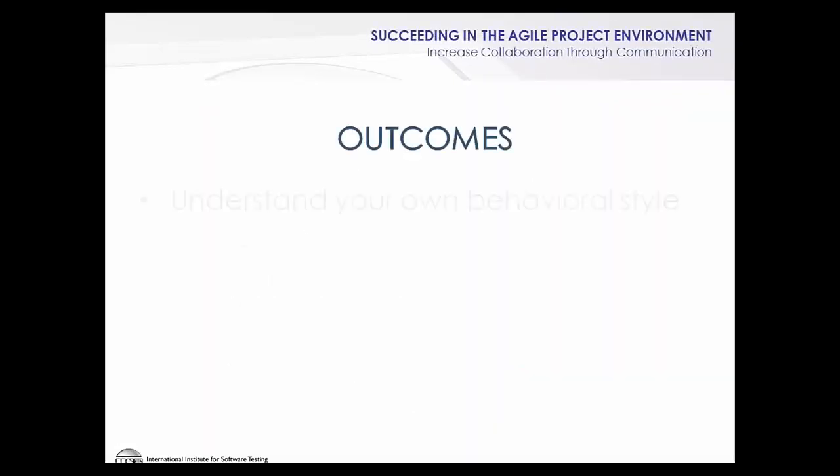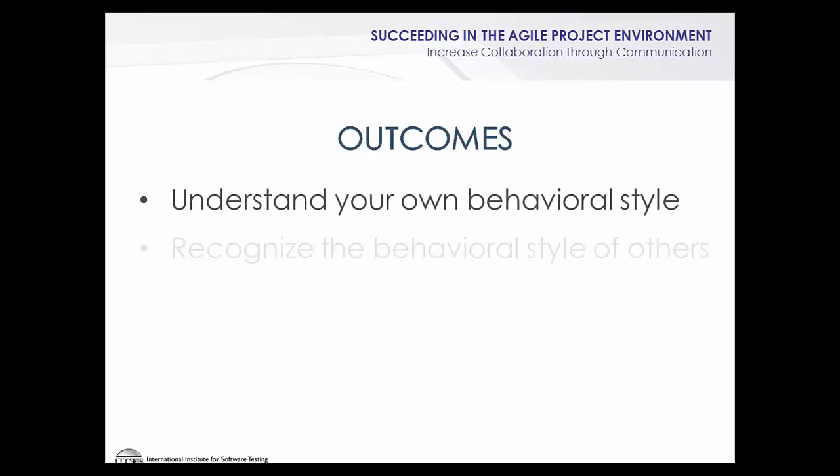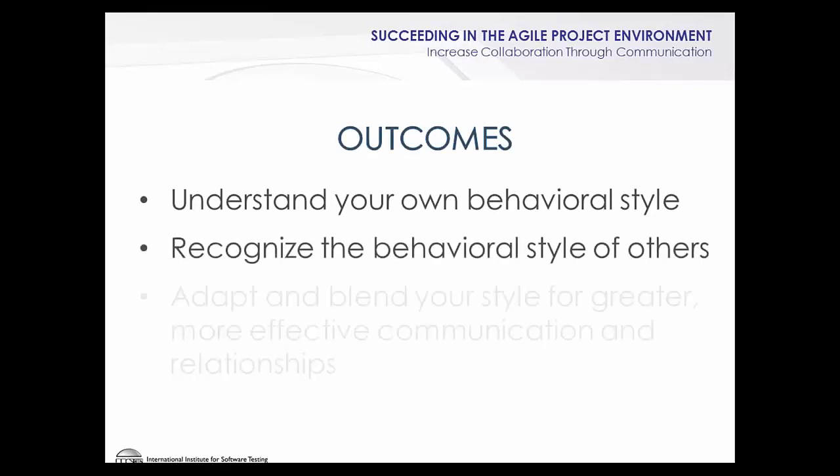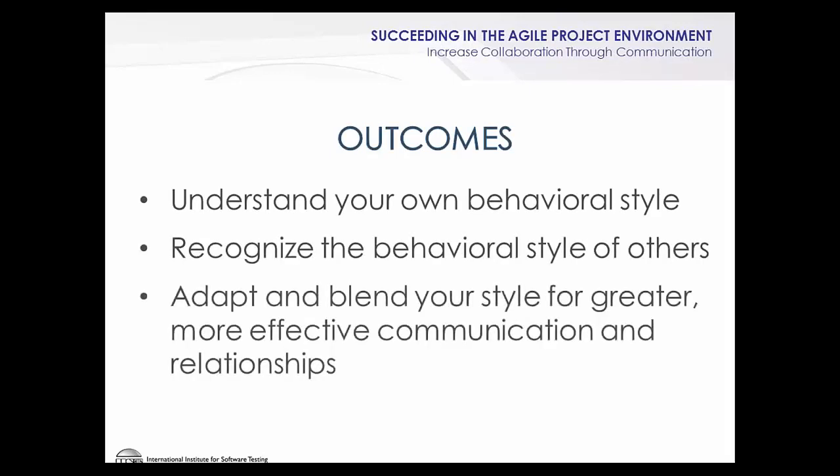Now, some of the outcomes we see from learning to identify and understand behavioral styles are, primarily, understanding your own behavioral style, recognizing the behavioral style of others, and adapting and blending for greater, more effective communication and relationships. Very important to remember, though, there is no one behavior that is better than another one.